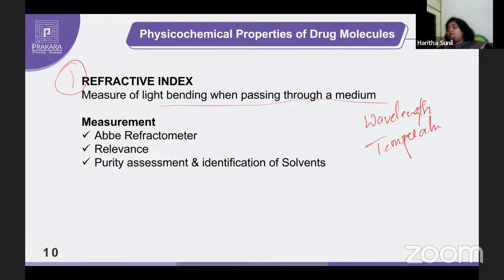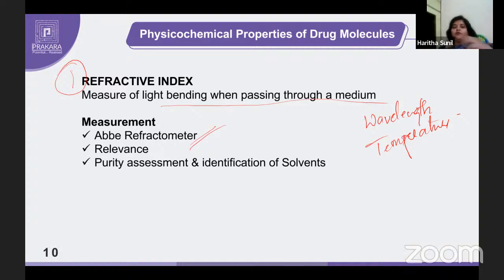That means it differs from one substance to another substance, and it is measured by using an Abbe refractometer, the most commonly used device in pharmaceutical applications.